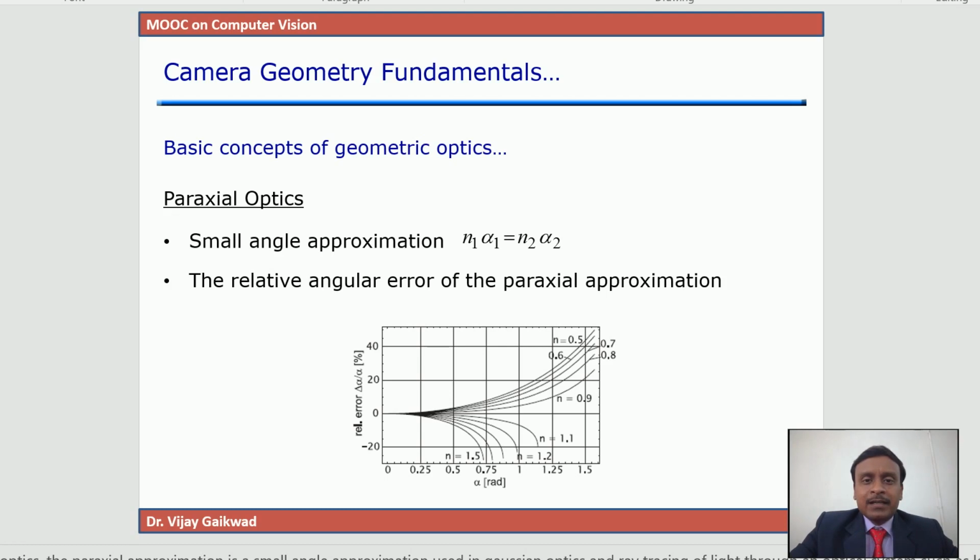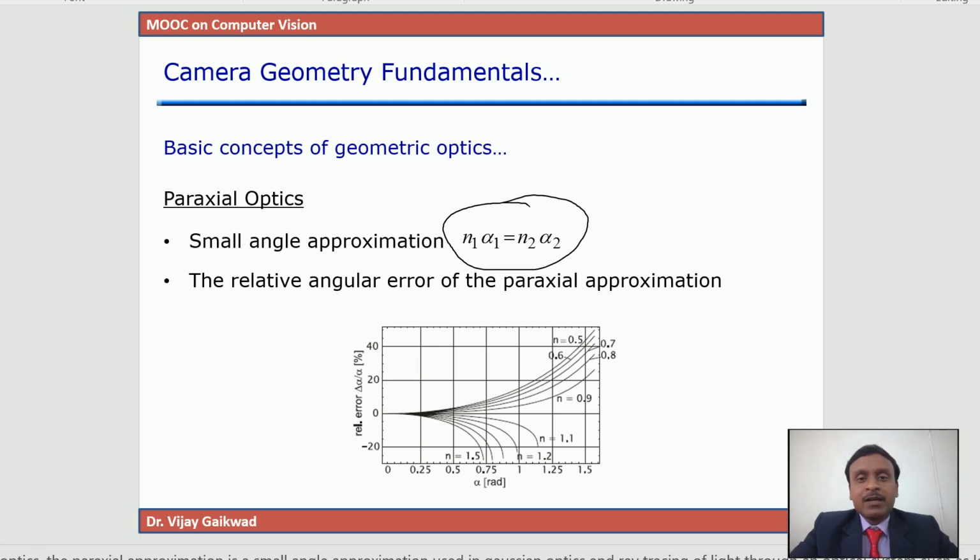When light travels along, or parallel to, the axis, the angle made by the ray is very negligible or very small. So for the small angle approximation, sin theta is theta, and therefore Snell's law, n1 sin alpha 1 equal to n2 sin alpha 2, converts to n1 alpha 1 equal to n2 alpha 2, and that is the equation we use for small angle approximation.